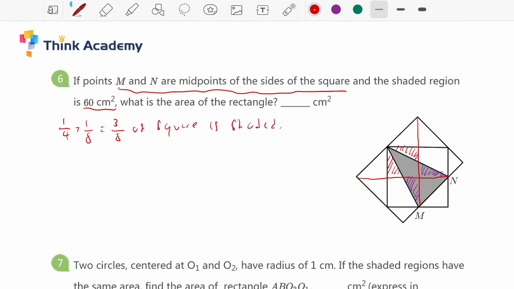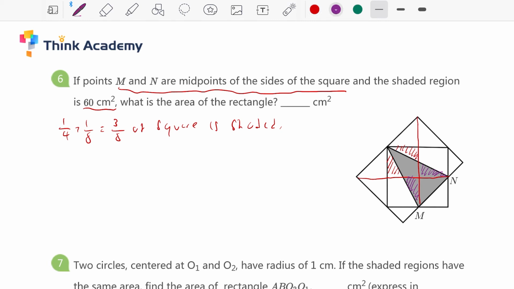Right. So in this case over here, we can immediately see that 3 out of 8 of the square is shaded. And think about it. If we look at it a little bit more closely, how many squares, or rather, how many triangles?